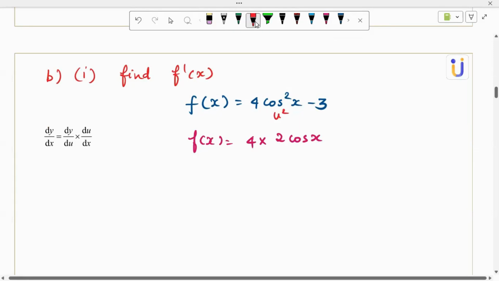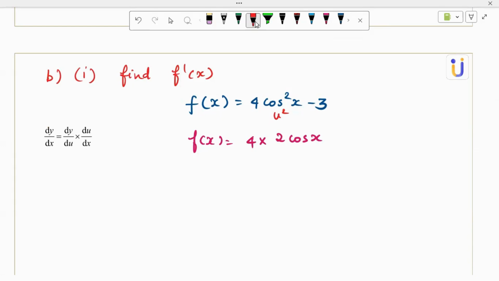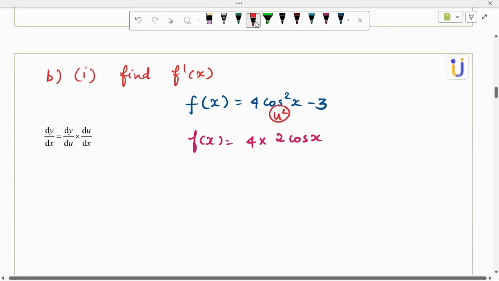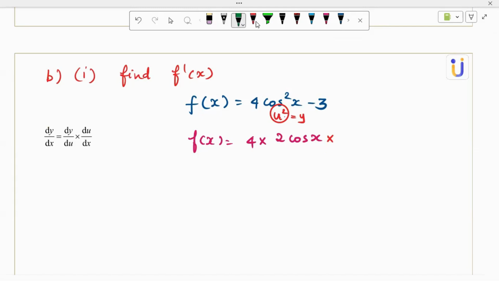Let me call this u square as y. When you differentiate, it is 2u. So 2 cos x times. And this we can do in a single row. No need to solve it, but I will solve in a much simpler way also.